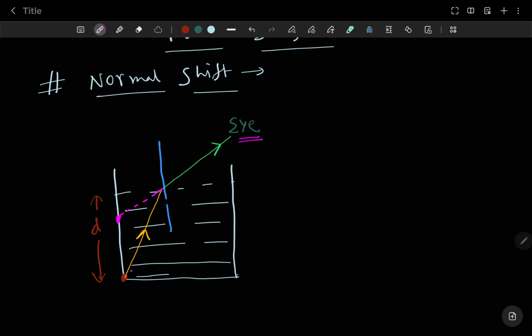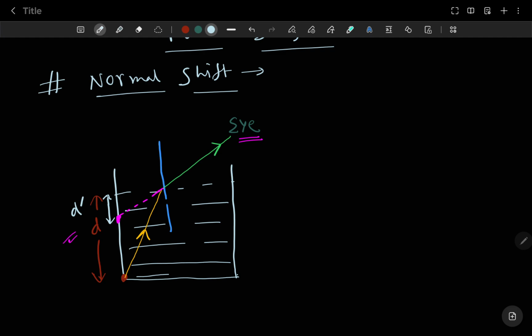So this is the image of this object, okay, so it will be perceived that the object is at a lesser depth. Actually the object is at a depth of d, but it will be perceived that the object is at a depth of d dashed, okay, this much, okay, clear, this much is d dashed, clear, okay, fine.